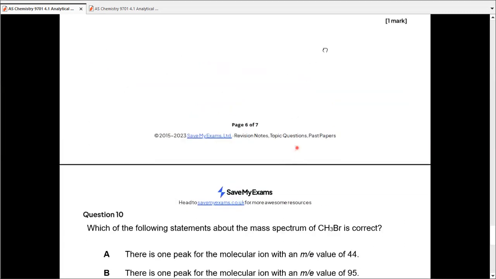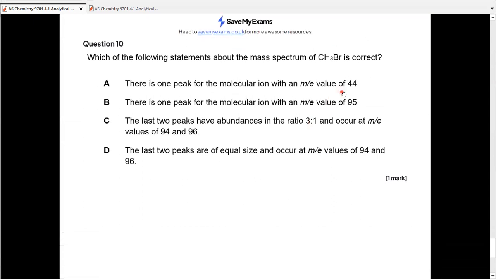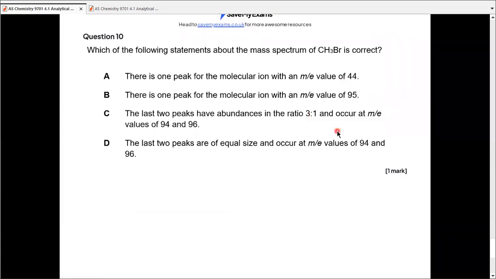Okay, last question for this one. Then we're going to go for hard questions. Question number 10. Which of the following statements is not true for the mass spectrum of CH3Br?